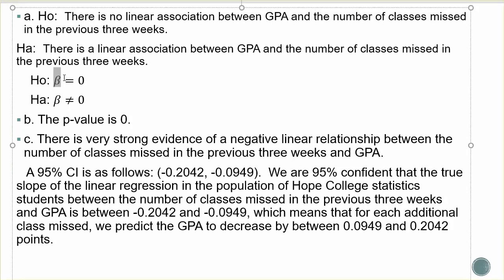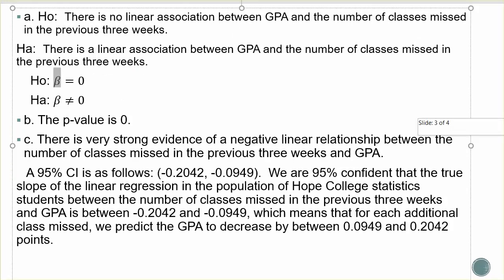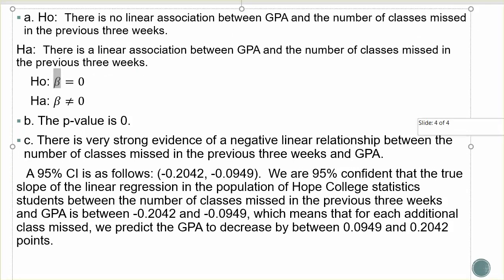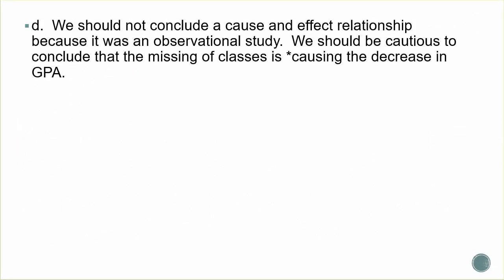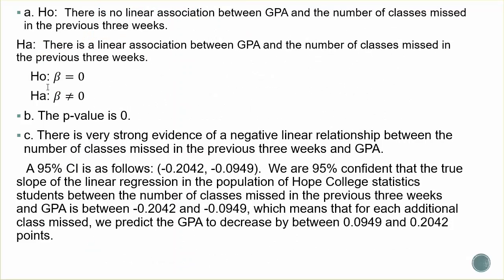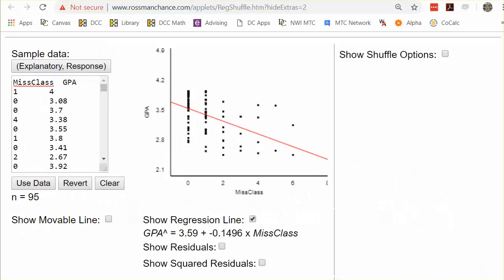So the true slope of the regression line between number of classes missed and GPA is 0 or it is not 0. And I guess the p-value is going to be 0. We'll see that in a minute.